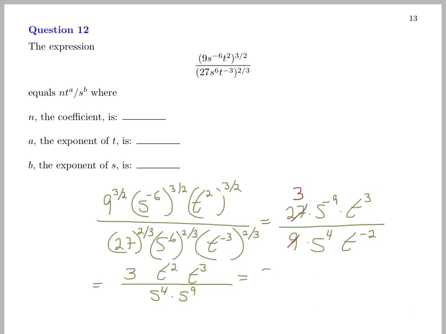So that leaves us with 3t to the 5th, adding exponents, over s to the 13th. And now it has the right form. It's of the form n t to the a, s to the b, where n is 3, a, the exponent of t, is 5, and b, the exponent of s, is 13.